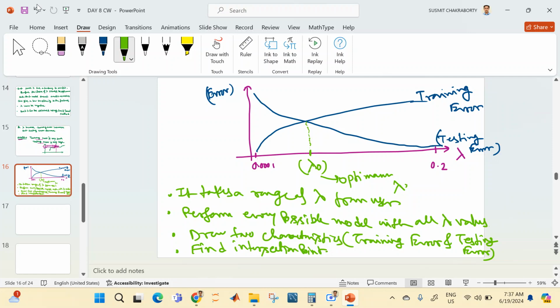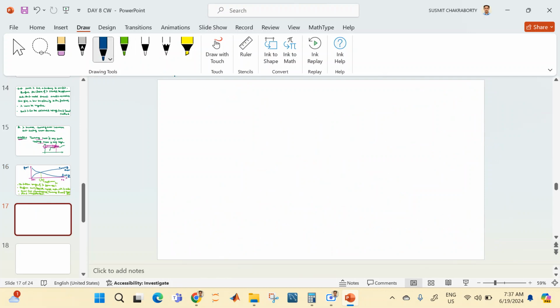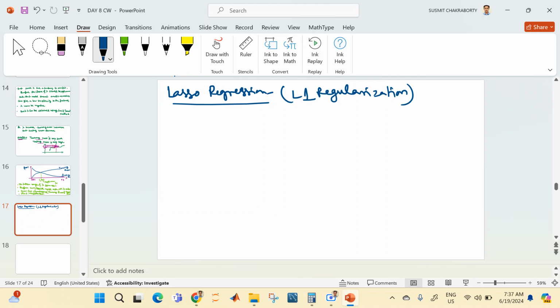And for lasso regression, just I am writing for the lasso regression. Lasso regression is sometimes called L1 regularization. In lasso regression, everything remains the same. Just the loss function I am writing.